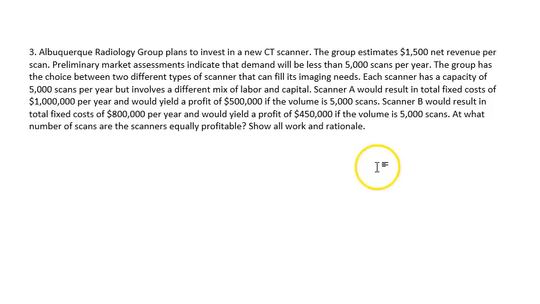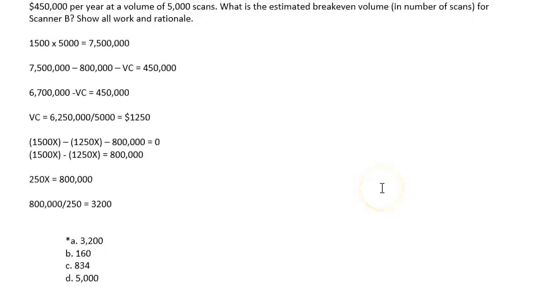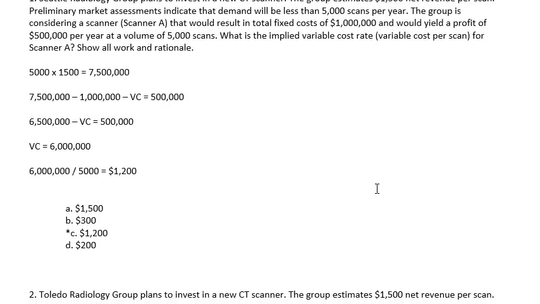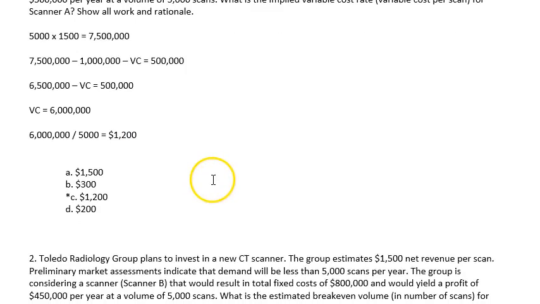So let me go back up to number 1. Remember, we calculated the variable cost at $1,200 because they're exactly the same numbers. So you don't need to repeat the work there. And so you got $1,200 there.